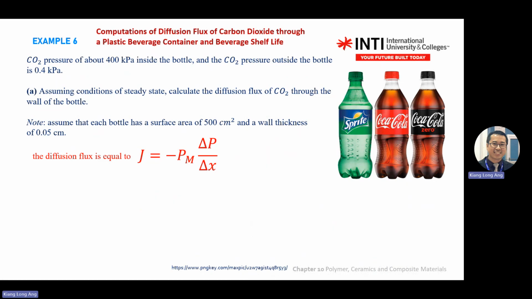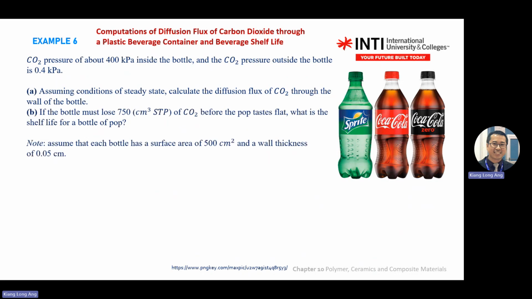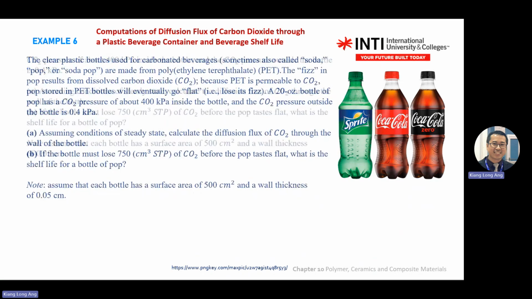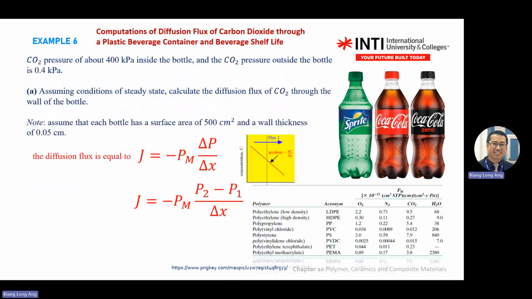PET, let me see. I also forget what is the full name. This one, polyethylene terephthalate. So for PET, you read here, 0.23. Substitute here. It tells you already the pressure inside and the pressure outside.